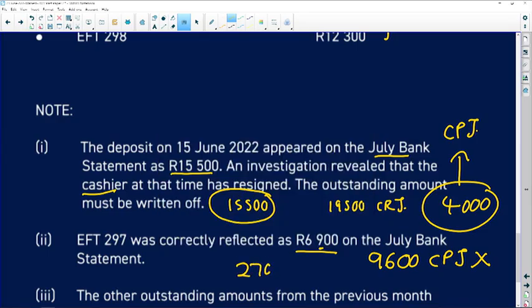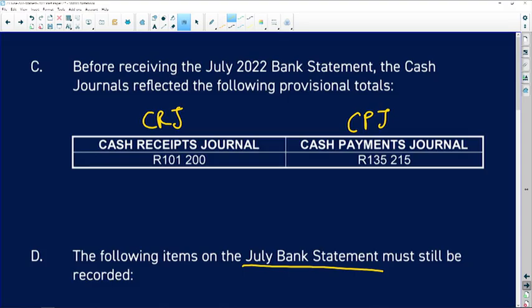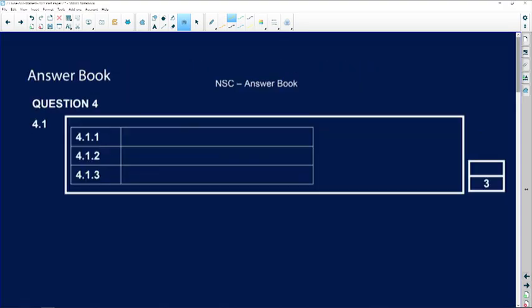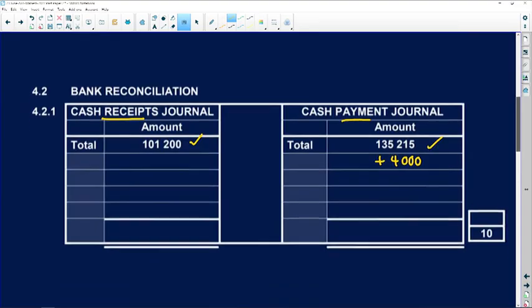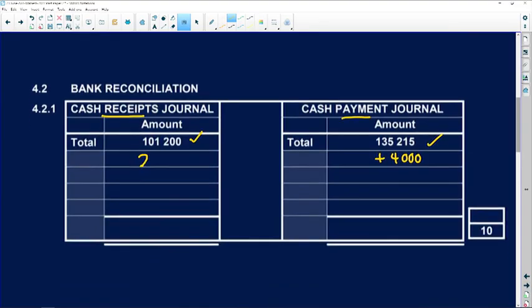So there's 2,700 too much in the CPJ. How do we fix this? I can actually hear you guys shouting out, yes, you're correct. We need to make an entry in the CRJ. So let's go to our CRJ and let's now record this amount of 2,700 that we're now including. Remember, we're adding back, guys, in our CRJ 2,700.